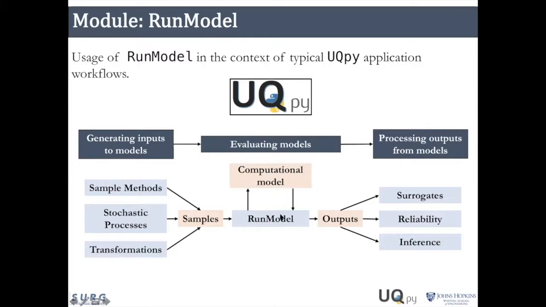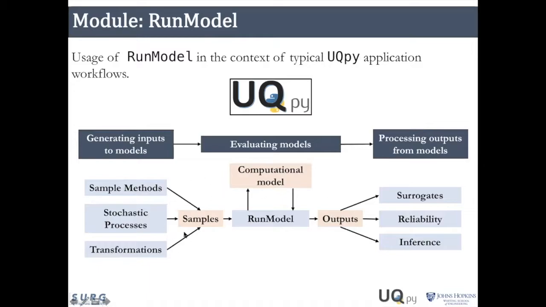For example, the sample methods module, which will be discussed later today, the transformations module, and the stochastic processes module all allow you to generate samples of random variables, stochastic processes, random vectors, or random fields.